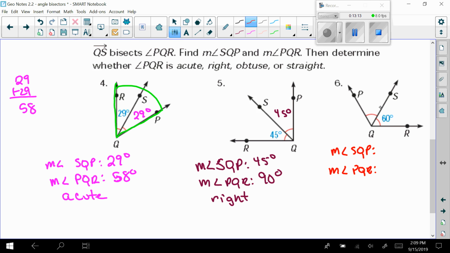SQP is congruent to the 60-degree angle, so that's 60. And then PQR is the total, so you add them together, that's 120, and a 120-degree angle is obtuse. All right, so hopefully we did okay with those 3 examples.